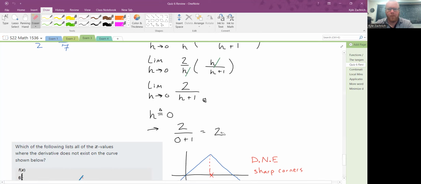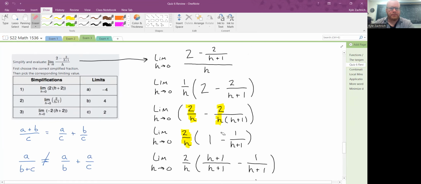So yeah, this type of problem is really just a matter of doing the algebra to simplify it so that you're not getting that h in the denominator.